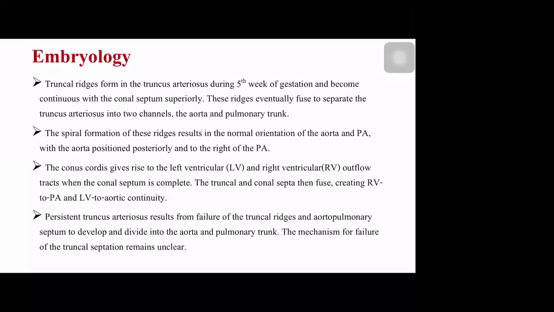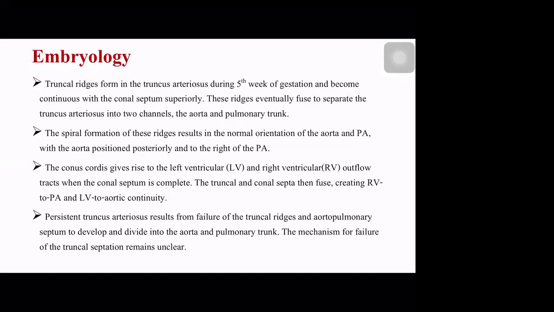So coming to the embryology, initially there is no division between the pulmonary artery and the ascending aorta. So that common vessel is known as truncus arteriosus.